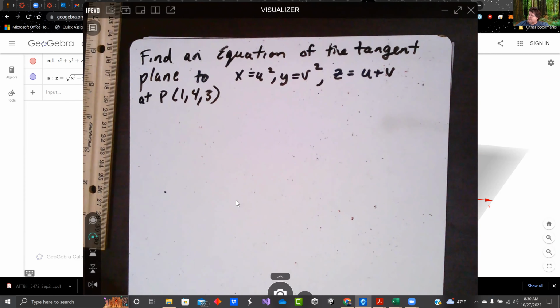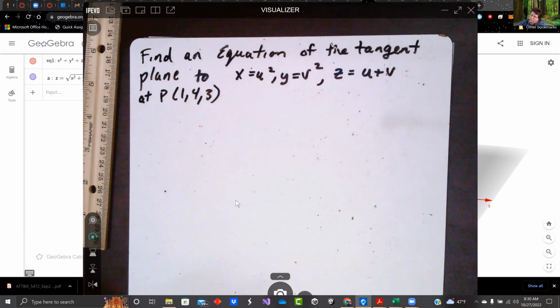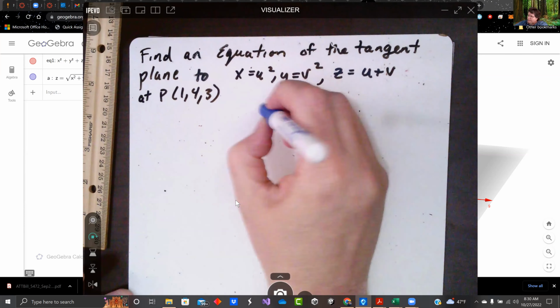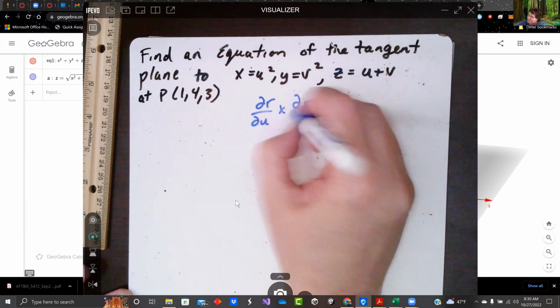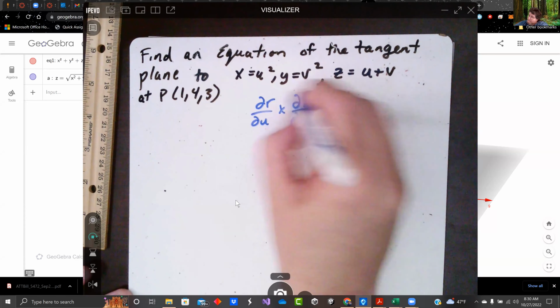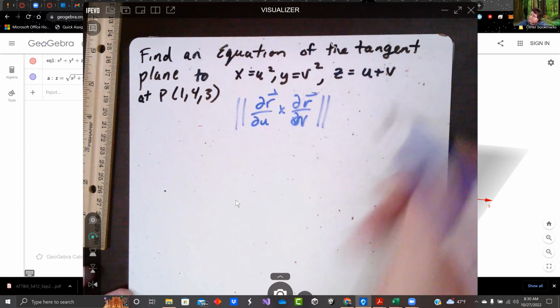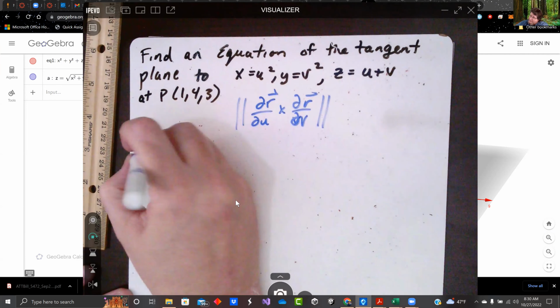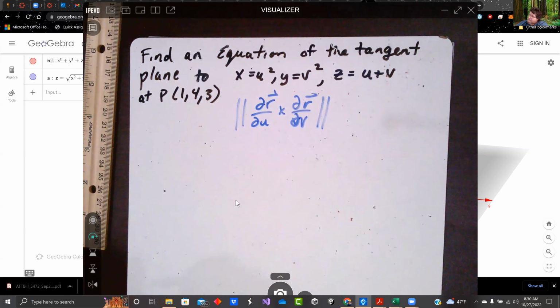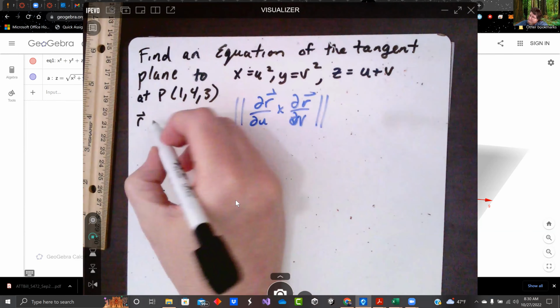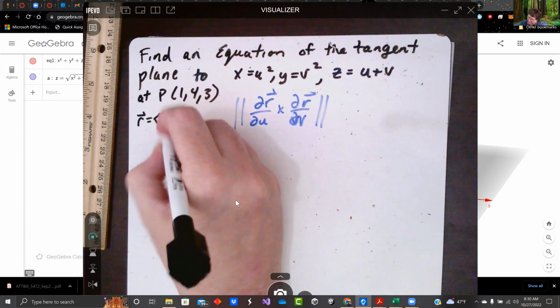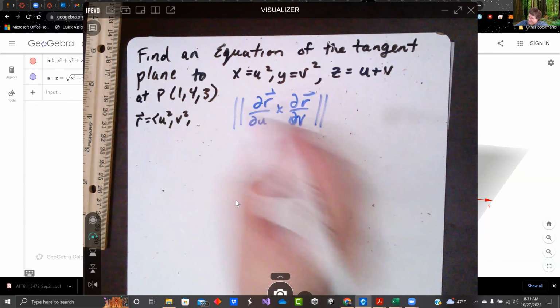So when we're doing these, x, y, and z are all functions of u and v. So we can get the tangent plane, recall, with dr/du cross dr/dv, and taking the norm of that. So let's just write what r is, start there. r as a function of u and v is u squared, v squared, u plus v.